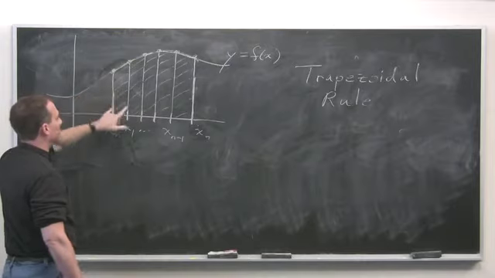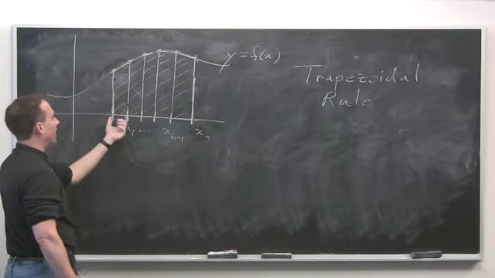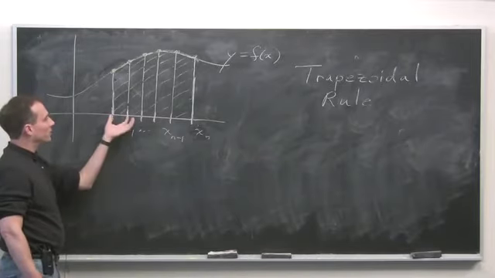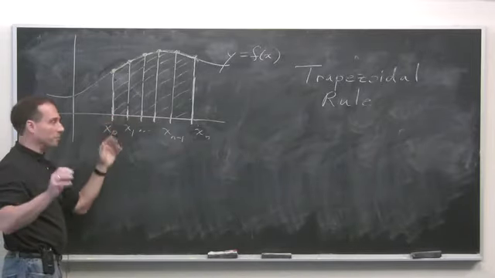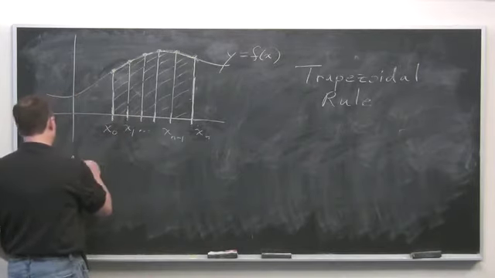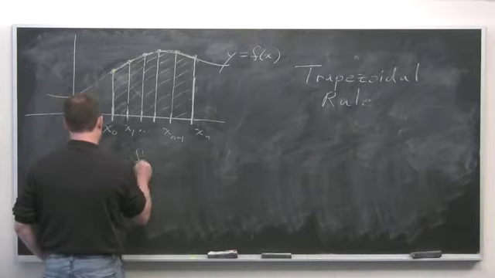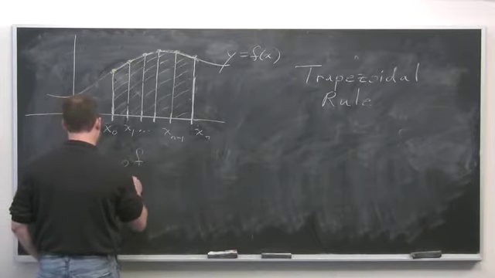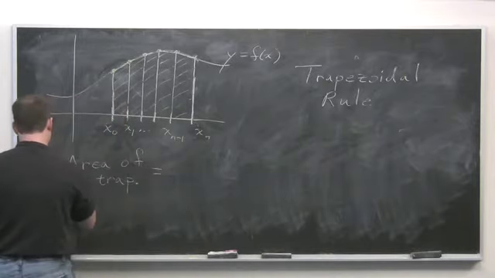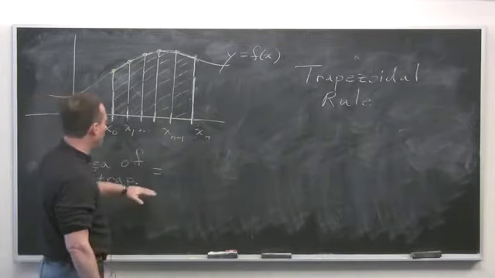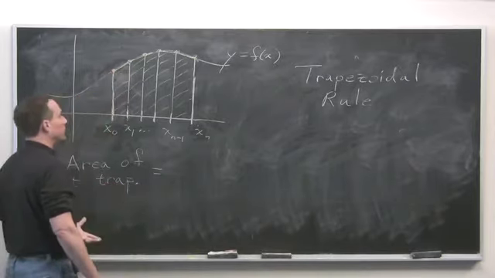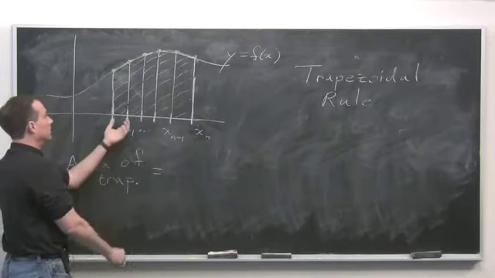But we know the area of a trapezoid. It's 1/2 the sum of the bases times the height. Now the height would be, well, this width down here. So the height of the trapezoid, what one normally refers to as the height, is actually just delta x. So the area of a single trapezoid, let me say the first trapezoid, would be this height plus this height divided by 2, 1/2 the sum of the bases, times the height.